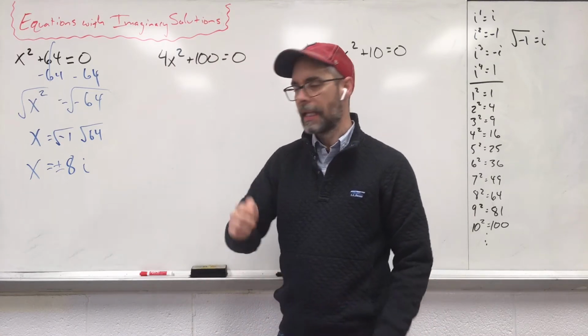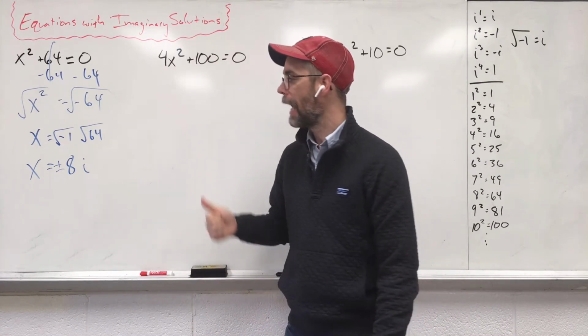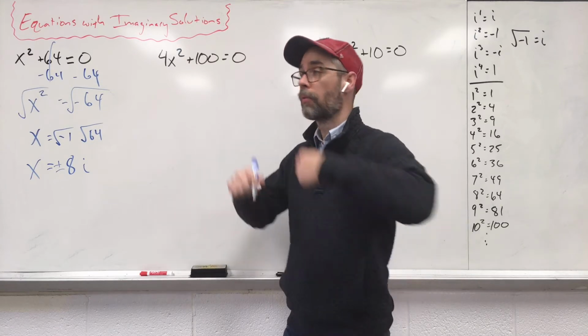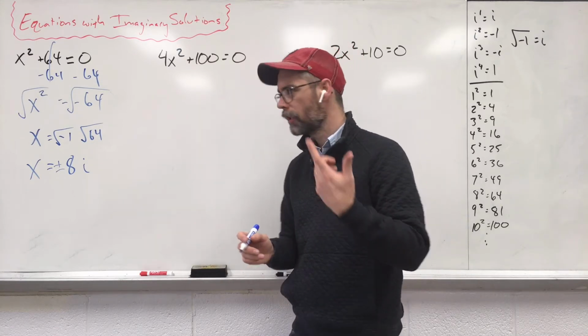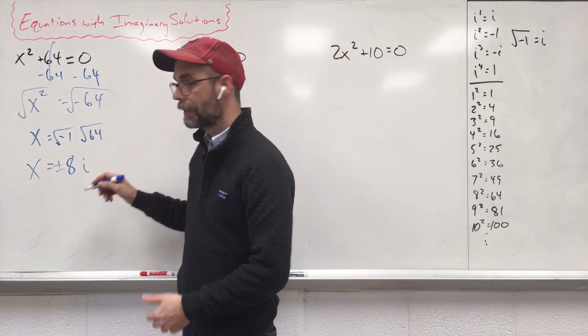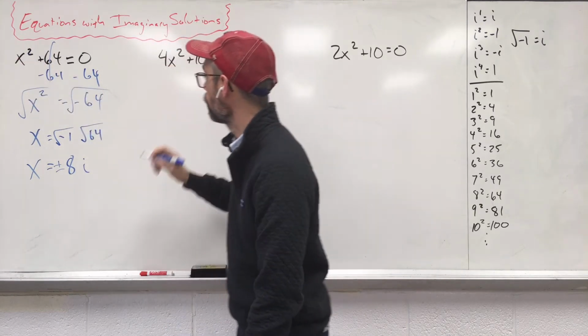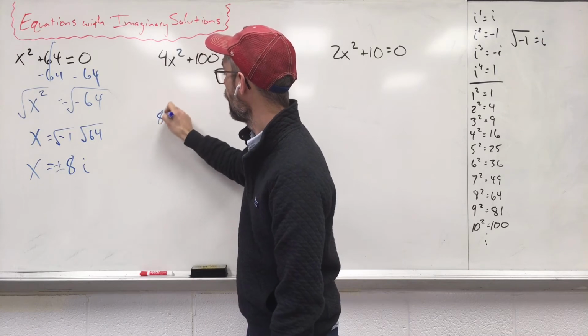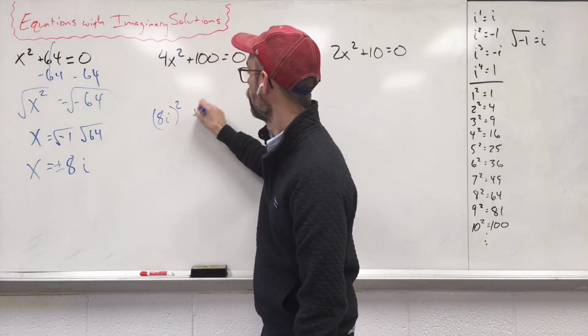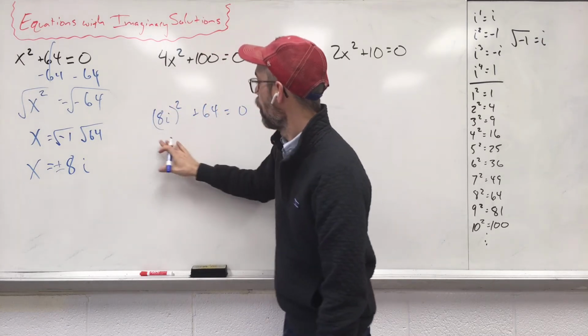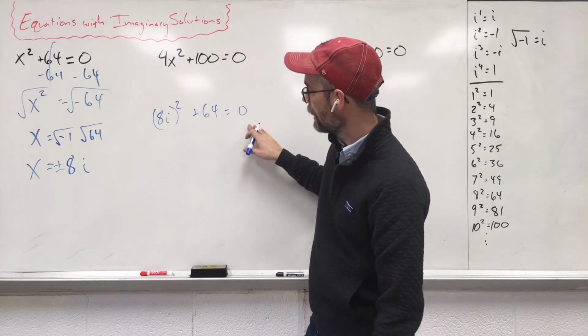Plus minus says it's going to be both a positive 8i and a negative 8i when I plug it back into my problem. You don't trust me? Let's plug them in and test it out. If I took positive 8i and put it back up here, so 8i squared plus 64, when I simplify this left side, it's got to equal 0.